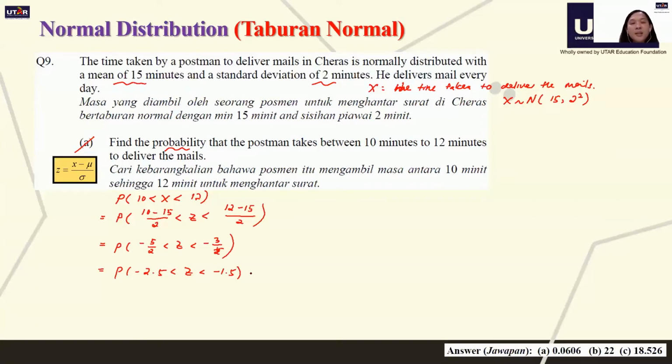When you're able to convert the X until you get the Z, you will normally draw out the normal curve. Then from there, check the range needed in the question. You have negative 2.5 and negative 1.5, and you are asked to find the answer in between. In between means this part here.